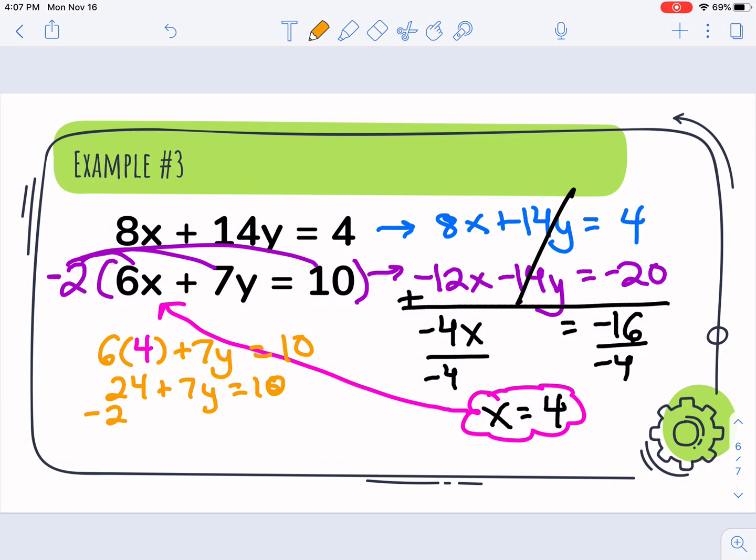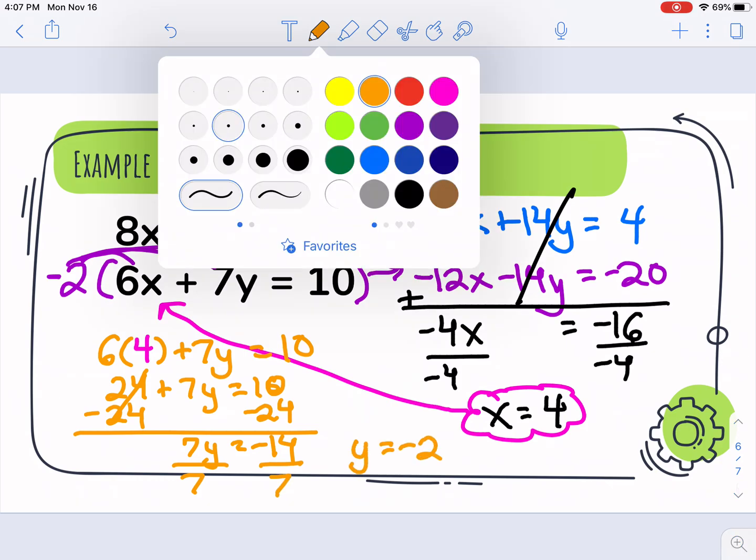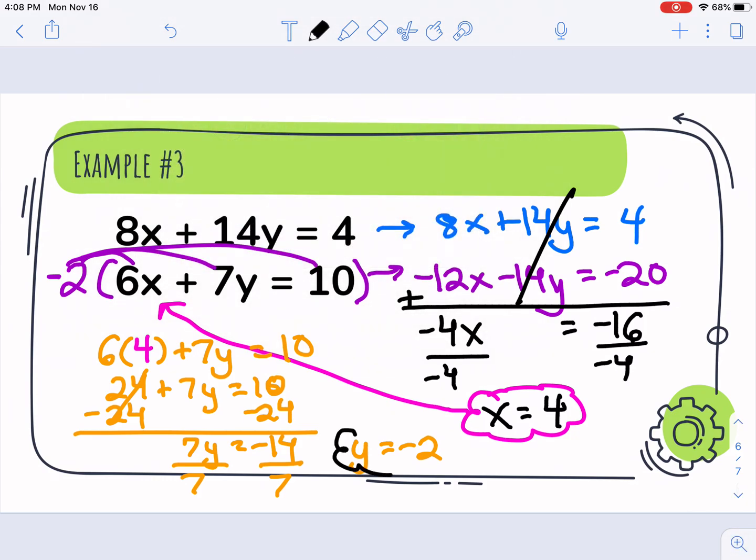If we subtract 24 from both sides, we have 7y equals negative 14. From there, if I divide by 7, I get y equals negative 2. So that means (4, negative 2) is the solution to this system.